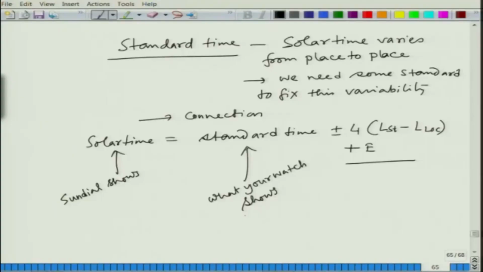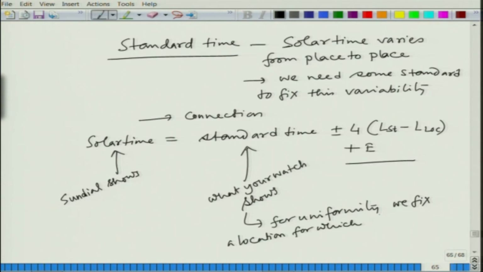So that is why, for uniformity, we fix a location in a time zone, okay, we call it time zone for the area which will have to follow the same time, okay. So for us the whole India is the time zone and we call it Indian Standard Time or IST, okay.